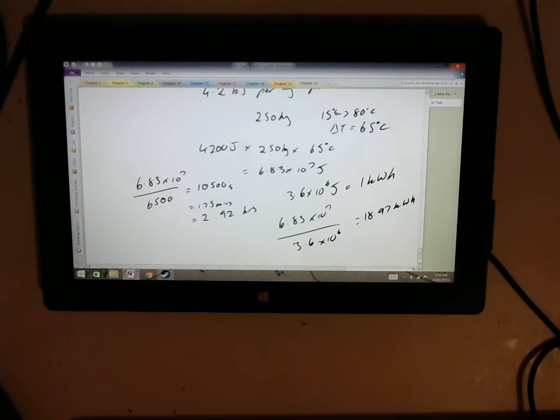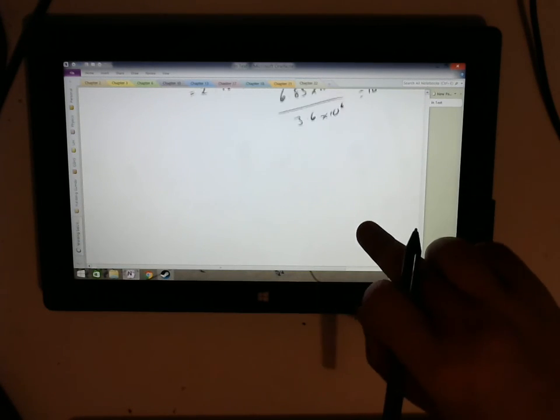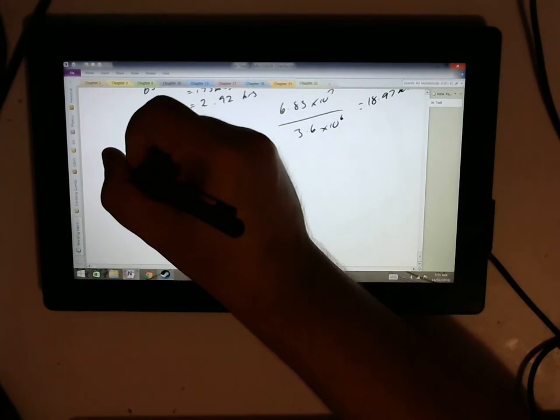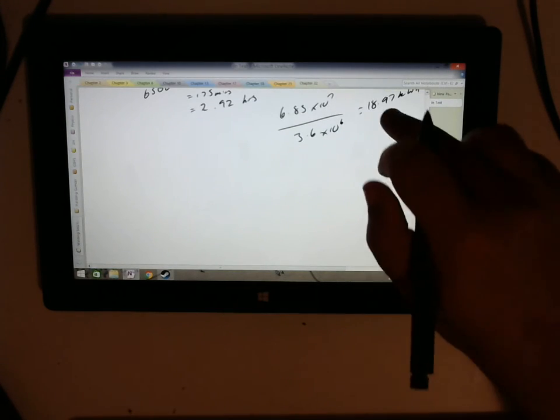Now, let's look for an actual good explanation of what a kilowatt hour is. It says that a kilowatt hour is the amount of energy used by a device rated at 1 kilowatt over a period of 1 hour. Let's think about this for a second. We're going to try to work out how we got to this number.